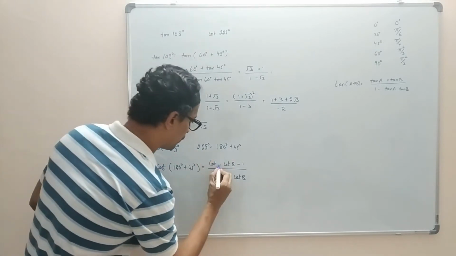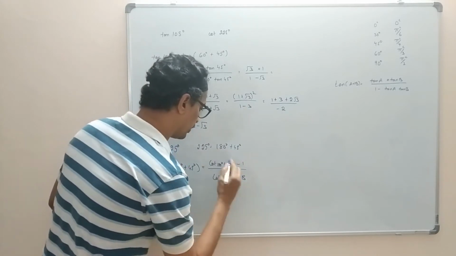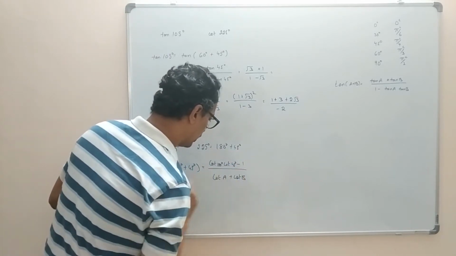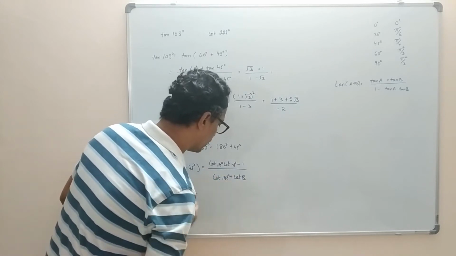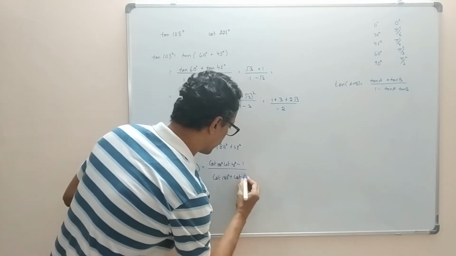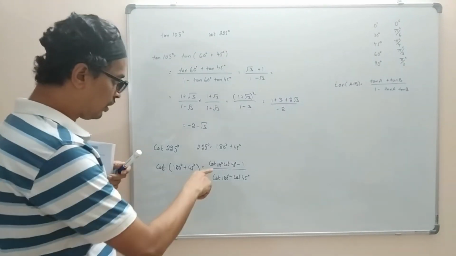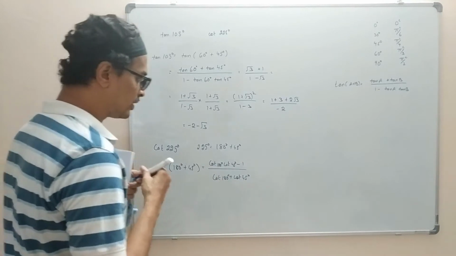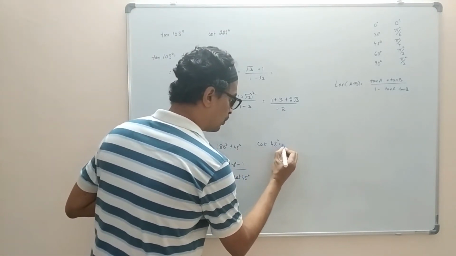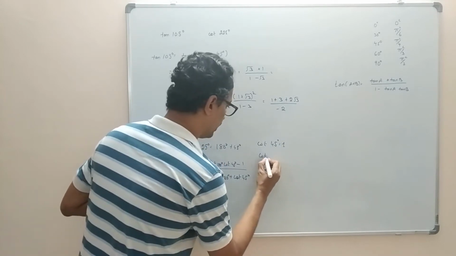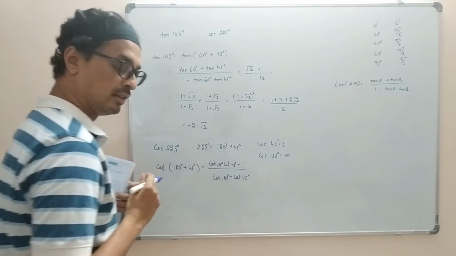And cot B with B equal to 45 degree. So this is 180 and this is 45 degree. Now cot 45 degree equals what? 1. Cot 180 degree is infinity. Right? So we can't use it.